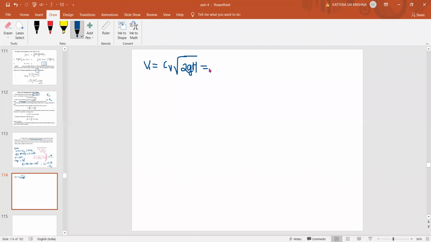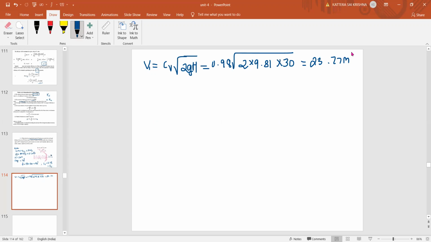Substituting CV equal to 0.98, into under root of 2 into 9.81 into 30 meters. Please tell me the value of this. 23.775.